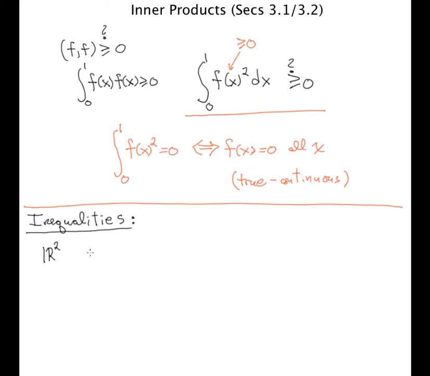I don't know if you all remember this formula, but if you take the dot product of two vectors, that's the length of v times the length of w times the cosine of the angle between them.